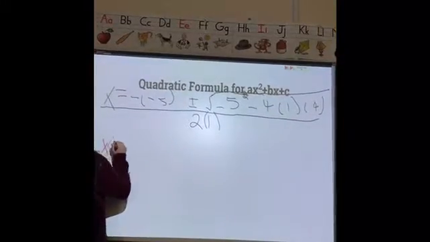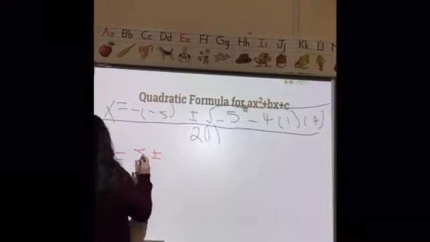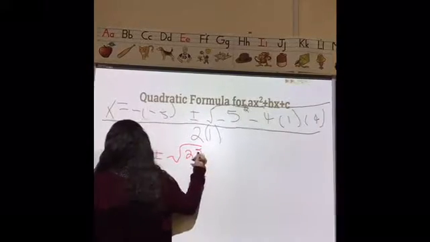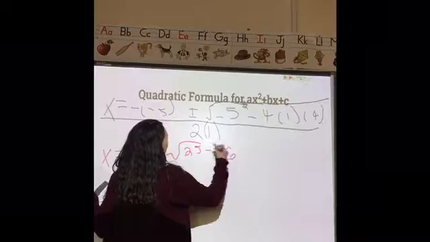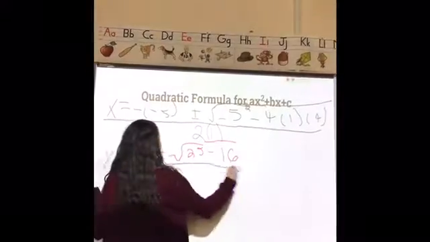So we have x equals 5 plus or minus square root of 25 minus 16. And then all of that is over 2.